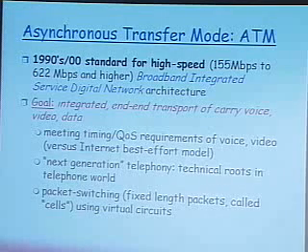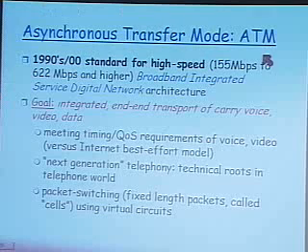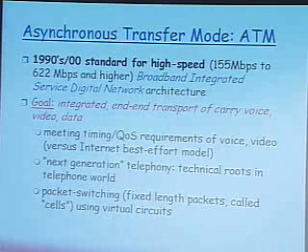So the ATM switches of the early 1990s operated at much higher speeds than the routers, which were doing routing based on packet switching, were capable of. So IP routers were not as fast as ATM switches. But slowly IP routers caught up.